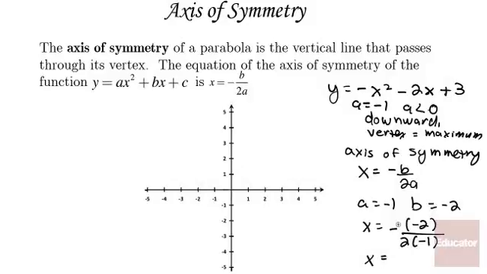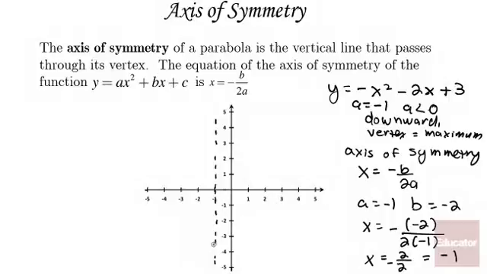Or x equals 2 over negative 2. Okay, so x equals negative 1, and I'm going to have a vertical line right here, which is going to give me the axis of symmetry.